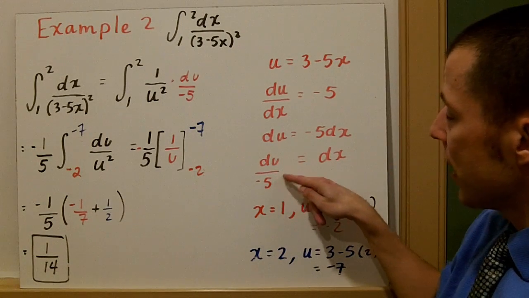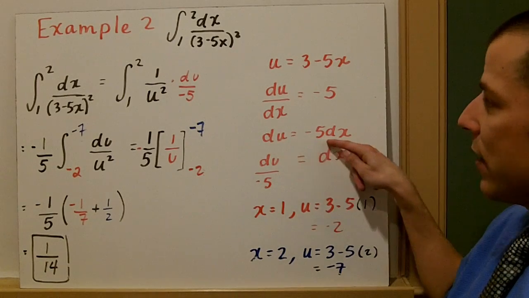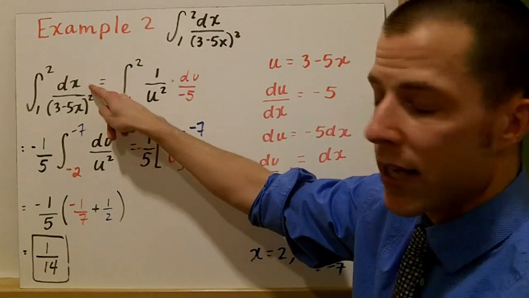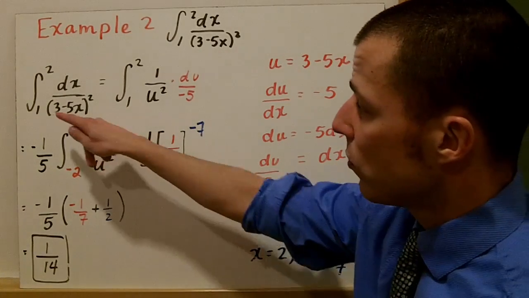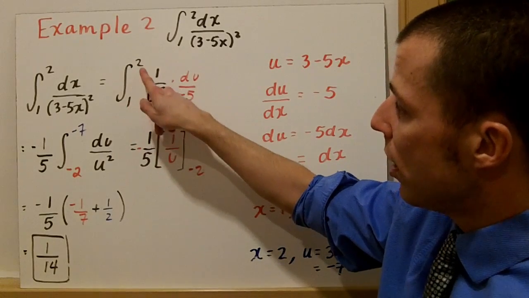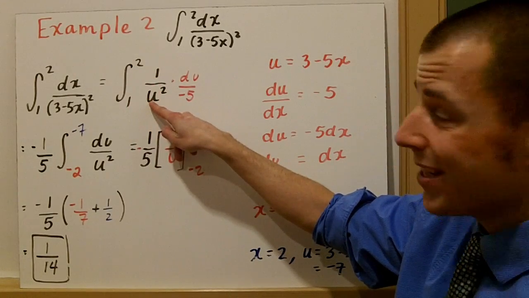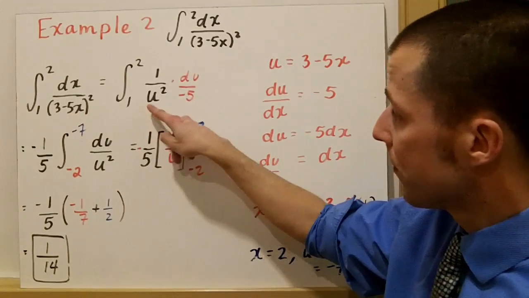And du over negative 5 is equal to dx. So when we look here, negative 5 dx, we don't see that anywhere. So solve for dx. So let's look. We look to rewrite our integral from 1 to 2 of 1 over u squared by substituting u in for 3 minus 5x.